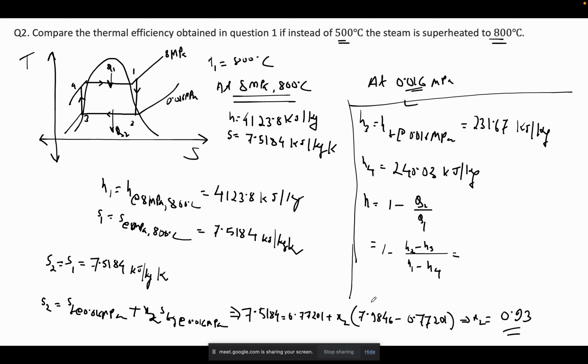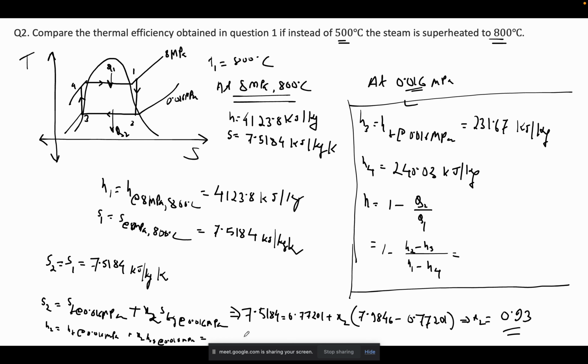Oh, I have not calculated H2 yet, sorry for that. I have got X2 and from that I can calculate H2, which is equal to HF at 0.016 megapascal plus X2 times HFG at 0.016 megapascal.